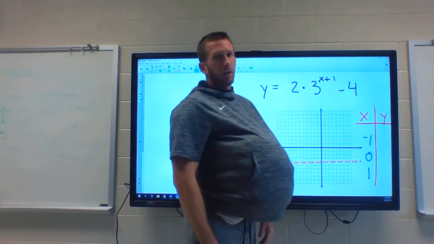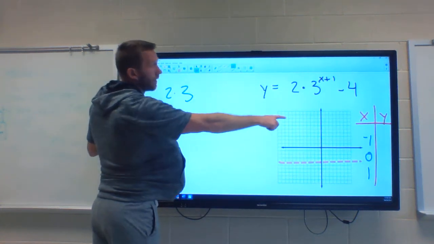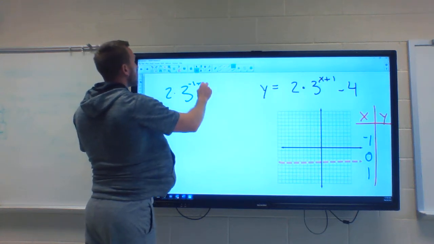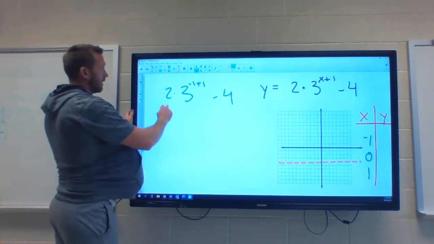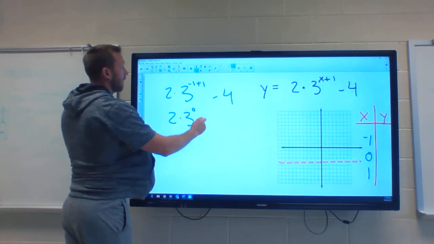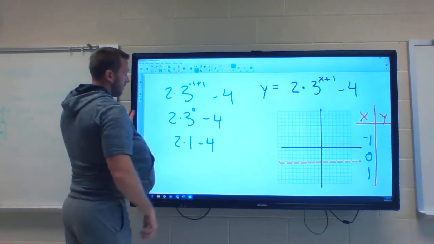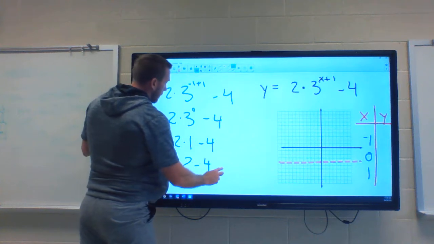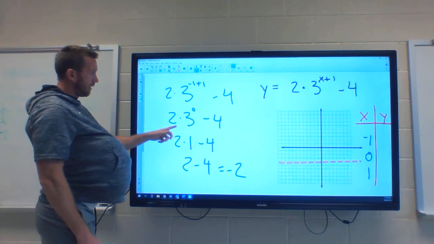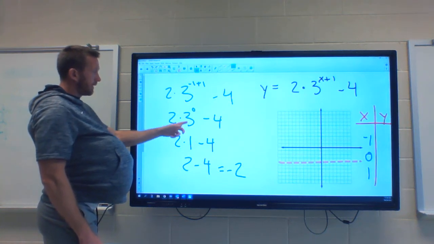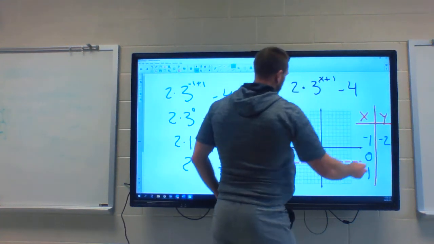These are the easiest x values to work with, because you'll see that they give you different exponents. 2 times 3 to the -1 plus 1 minus 4. 2 times 3 to the 0th minus 4 becomes 2 times 1 minus 4. 2 minus 4 is -2. Okay? 2 times 3 to the 0th, that's 2 times 1. 2 times 1 is 2, minus 4 is -2. Boom, got that point.